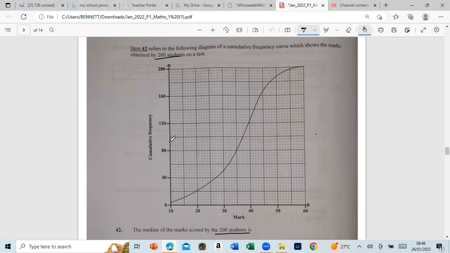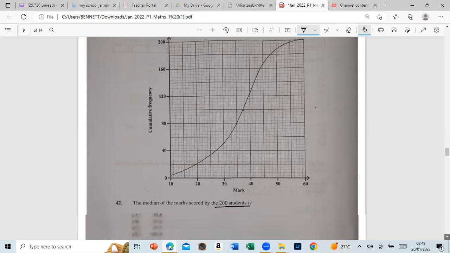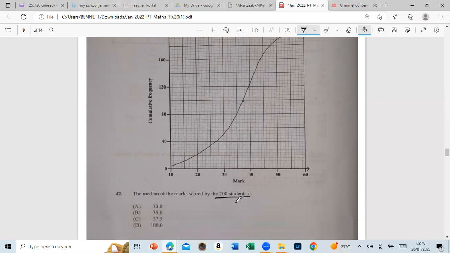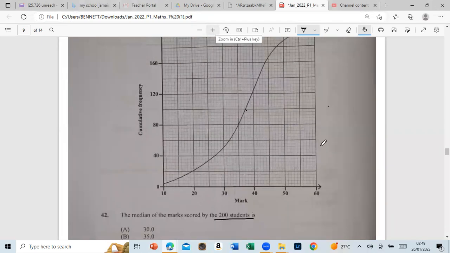So we go right up to 100, which is right here, because they're going up by 20, right? And then we go across. So this is 35, 36, 37, about 37. Let us see. Alright, so our option would be 37.5. I was saying 37, but it's actually 37.5.